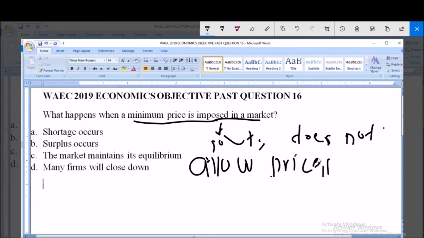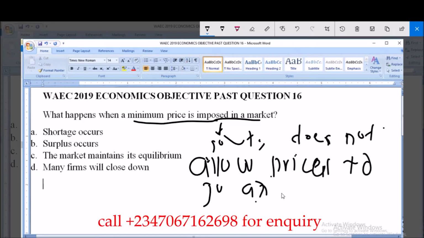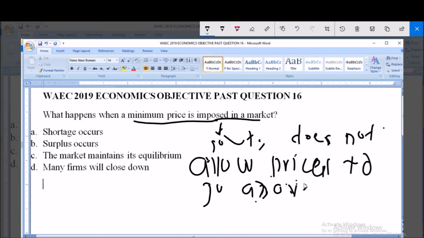So the government does not allow prices to go above a certain level.